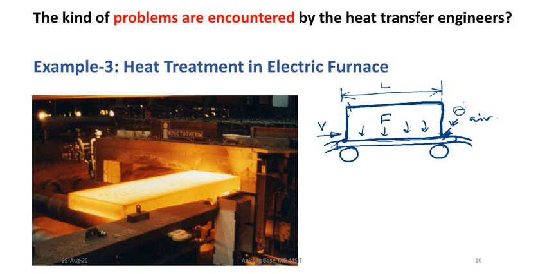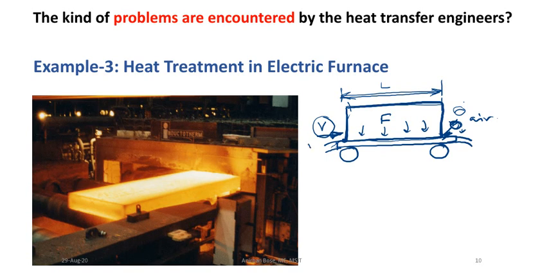Or it may be the problem that what should be the velocity. Suppose it is known that the length of the furnace is known, it is known that this much of temperature is required, then what should be the velocity of the steel strip that is required to send?